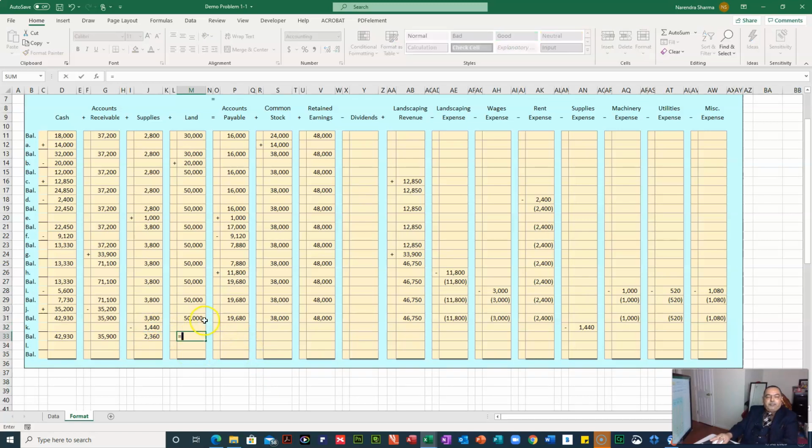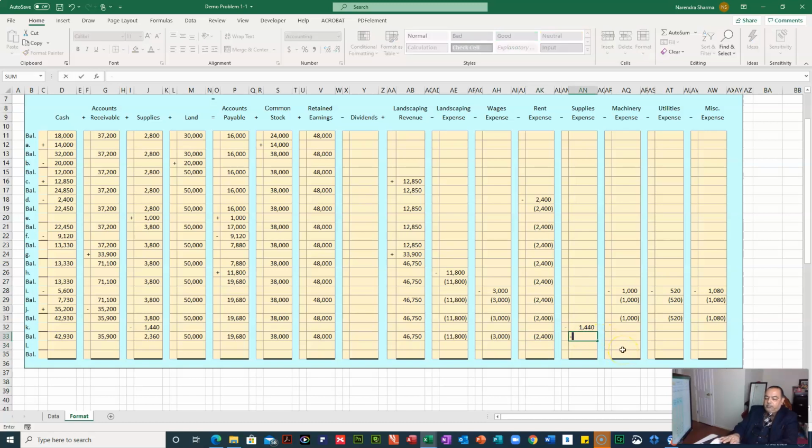So that will be 50,000 land, 19,680 accounts payable, common stock is 38,000, retained earnings is 48,000, landscaping revenue is 46,750, landscaping expense is minus 11,800, wages minus 3,000, rent expense minus 2,400.